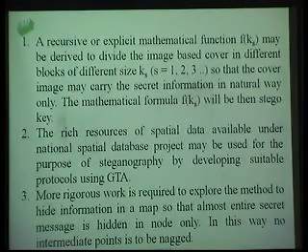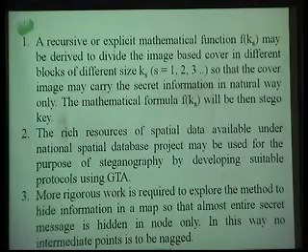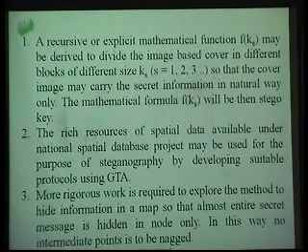If you use some mathematical formula which generates the randomness and you share that mathematical formula, that will work as a key. One is that a recursive or explicit mathematical function may be derived to divide the image-based cover into different blocks of different sizes. Like we have studied two algorithms where we divide the block in a fixed size k by k.